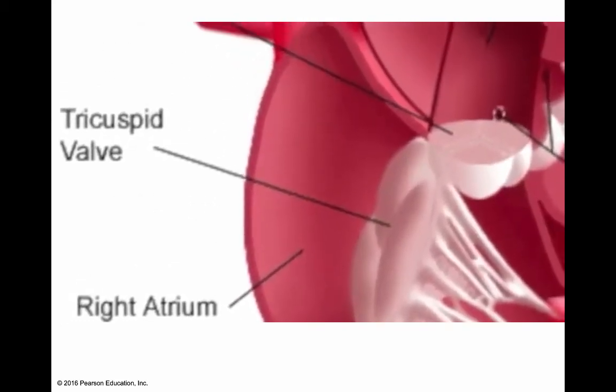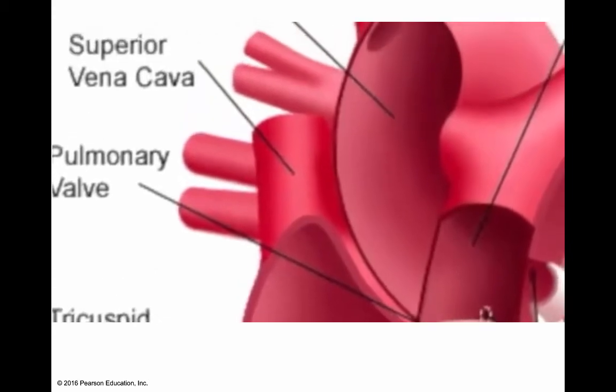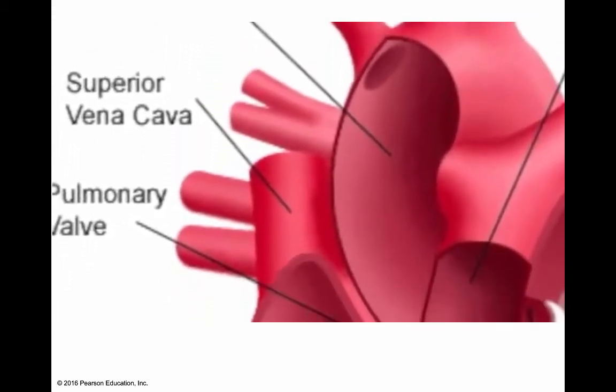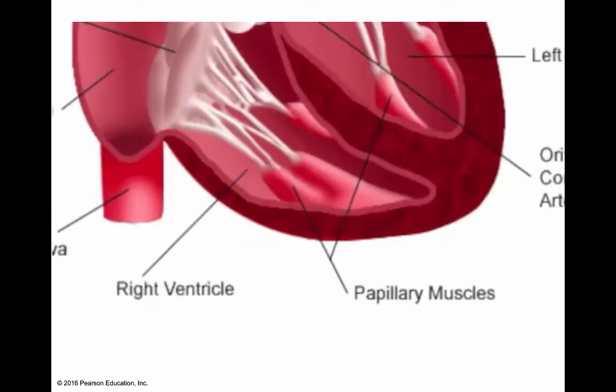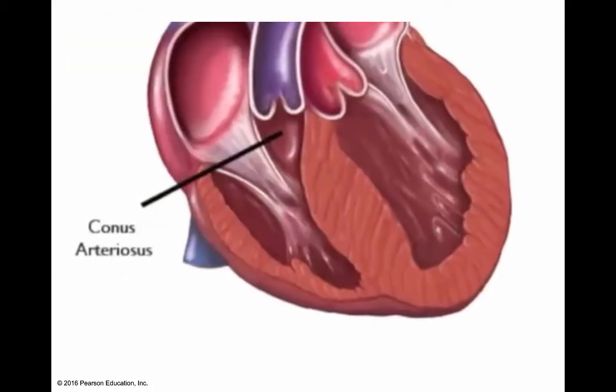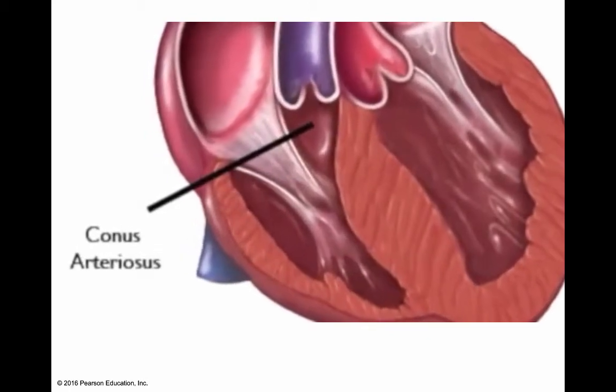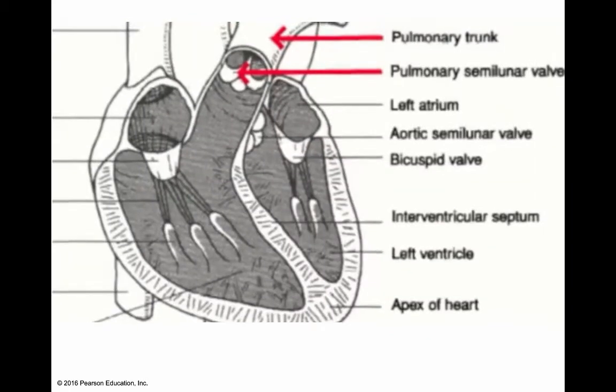Right atrium, the ventricular vena cava. It flows down through the cuspid valve, it won't go back up. Stays in right ventricle until it contracts. Yeah, it's pumped up to the conus arteriosus.